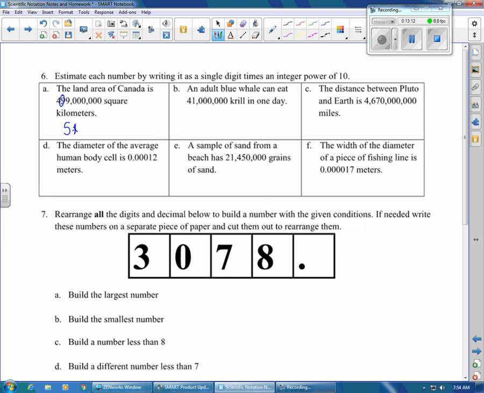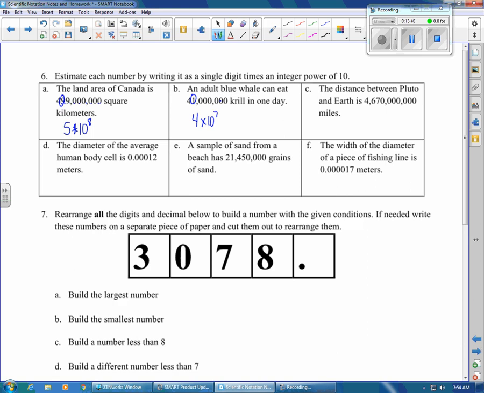And I'm going to multiply this by a power of 10. Let's see, what power of 10? 1, 2, 3, 4, 5, 6, 7, 8 times 10 to the 8 power. The next one, 1 is definitely less than 5, so I'm going to leave it as 4 times 10 to what power? 1, 2, 3, 4, 5, 6, 7, to the 7th power.